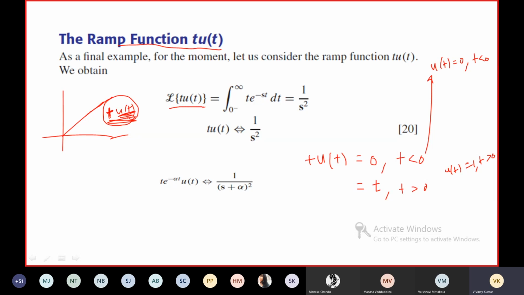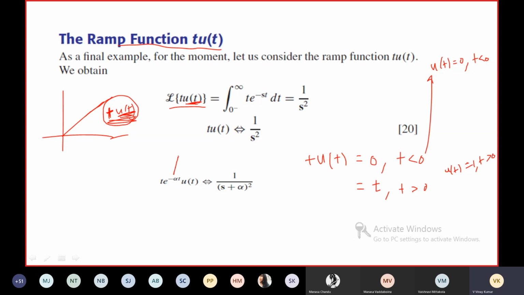So Laplace of t u of t is equal to the integration from 0 minus to infinity of t into e power minus st. U of t is equal to 1 for t greater than 0, so t into 1 e power minus st dt is equal to 1 by s square. Laplace of t into u of t is 1 by s square.